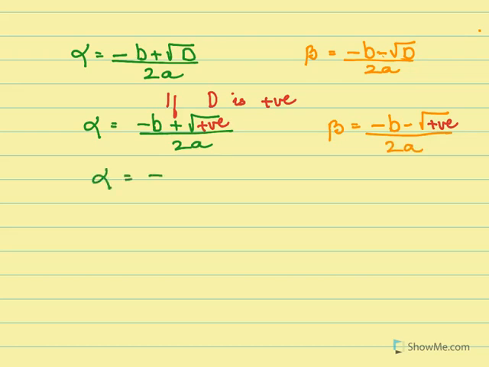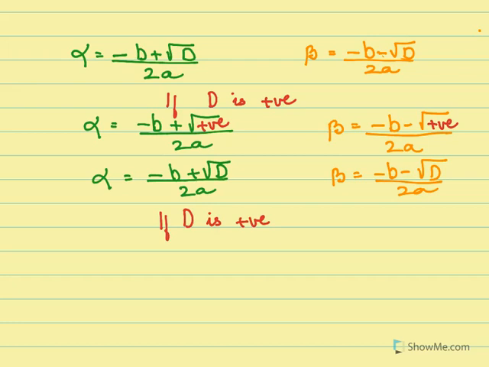So we have alpha equal to minus b plus under root of a positive number, which we can find, over 2a, and here too beta is minus b minus root D over 2a. So if D is positive, we can say there are real unequal roots. Two different roots we get. So real and unequal. This is the next condition.